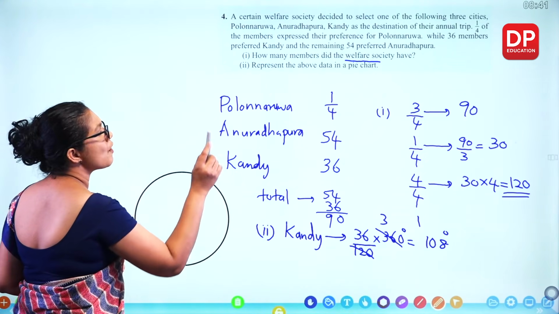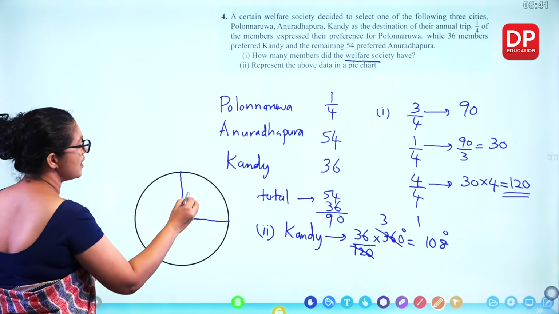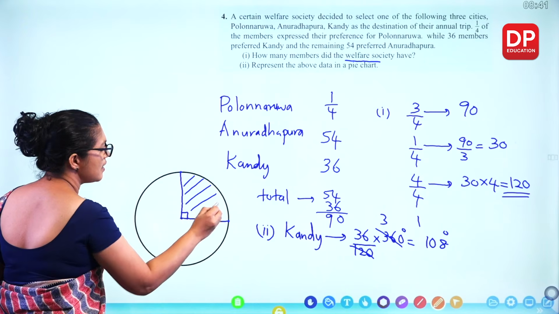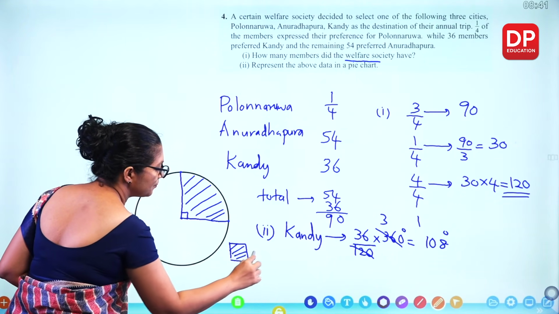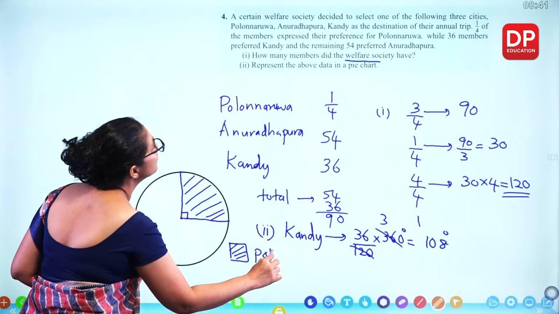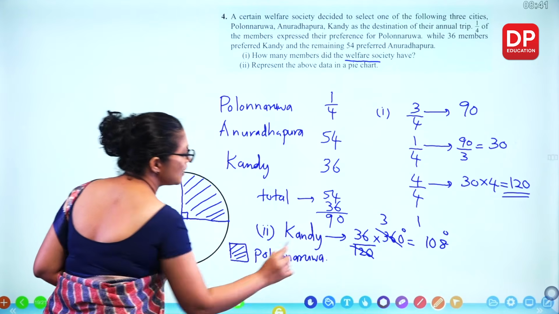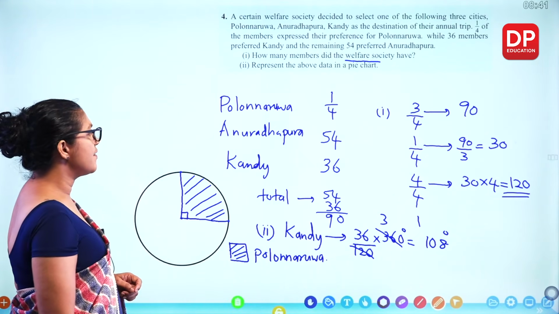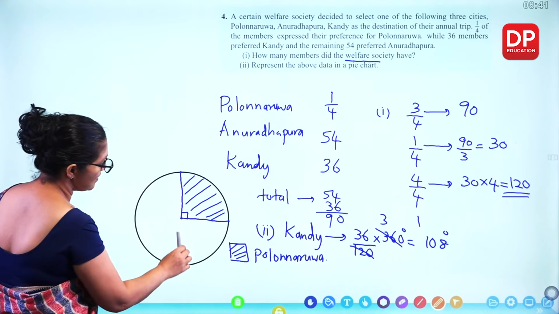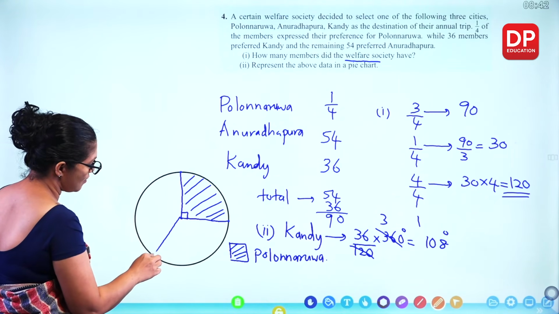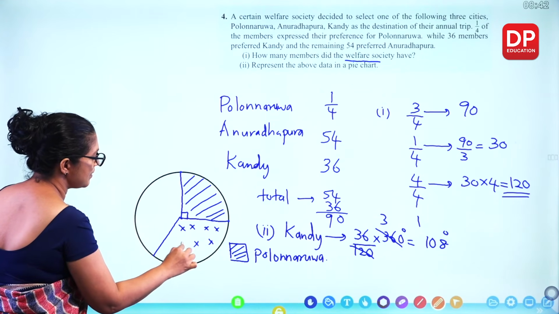So we know 1/4 of a circle is Polonnaruwa. So here this is Polonnaruwa. So this area Polonnaruwa we can mark. And 108 degrees for Kandy. So we can mark 108 degree. This is 90, more than 90, so somewhere there. That's for Kandy.